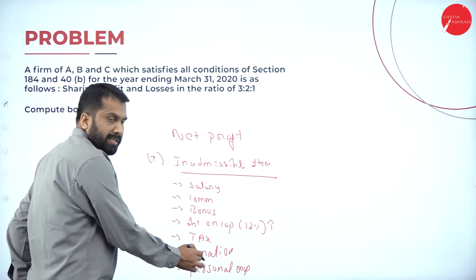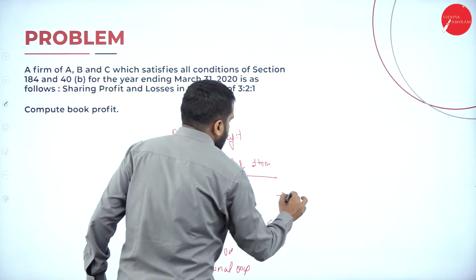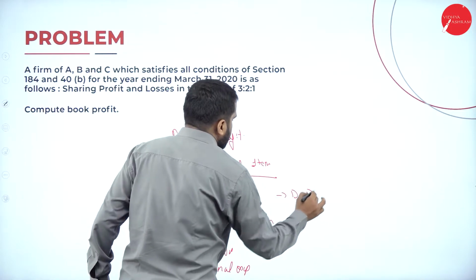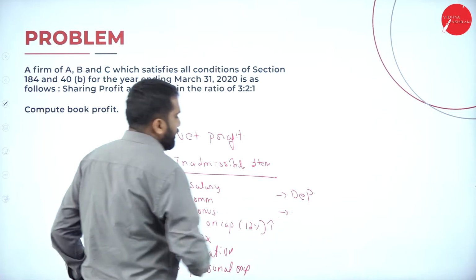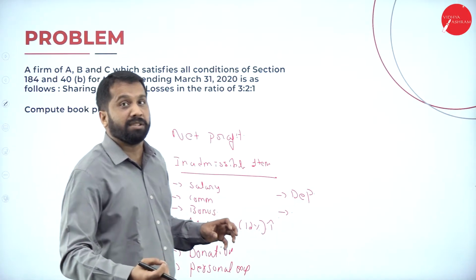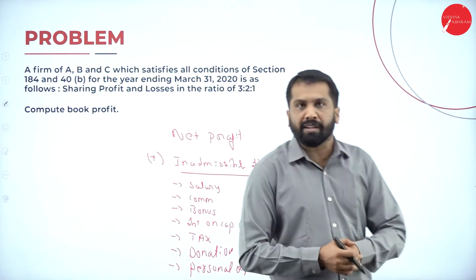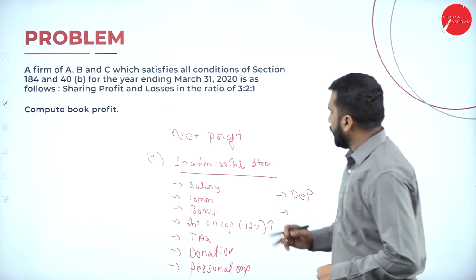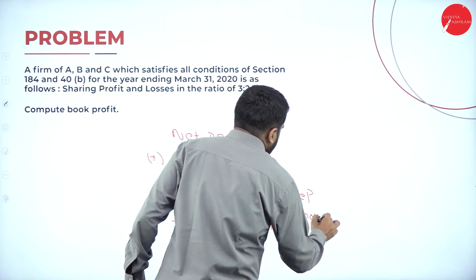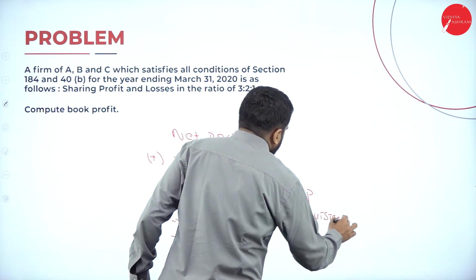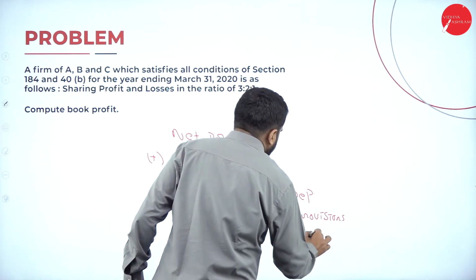I don't have space here. I'll write it here. Any depreciation. So, anything which is used for other than business purpose, we are supposed to add. You got it? Along with that, I'll write one more: provisions and reserves.